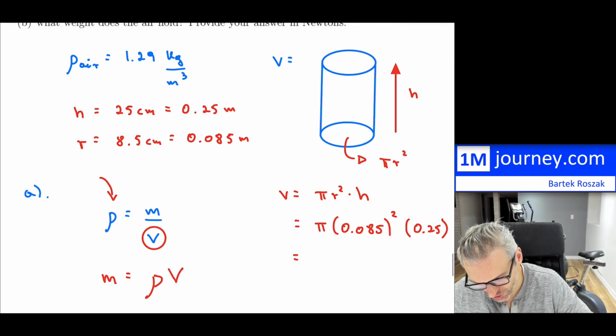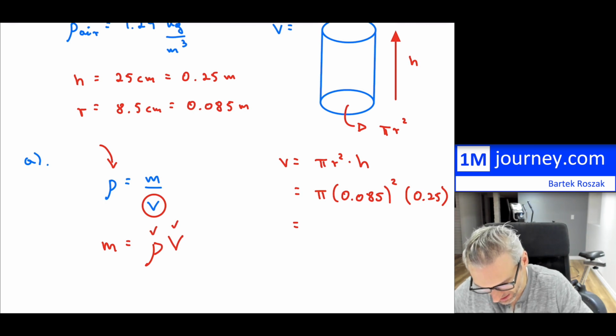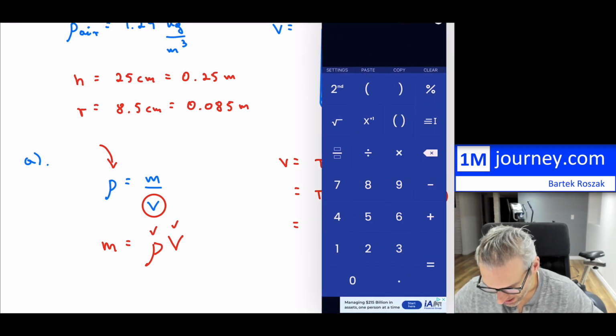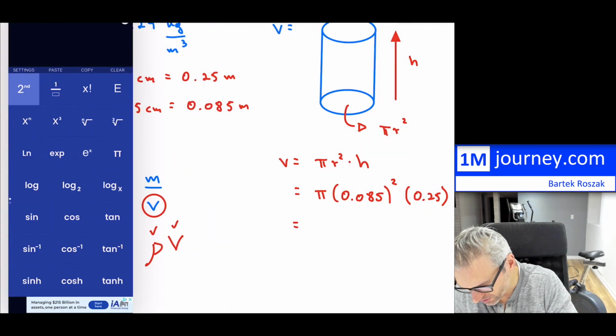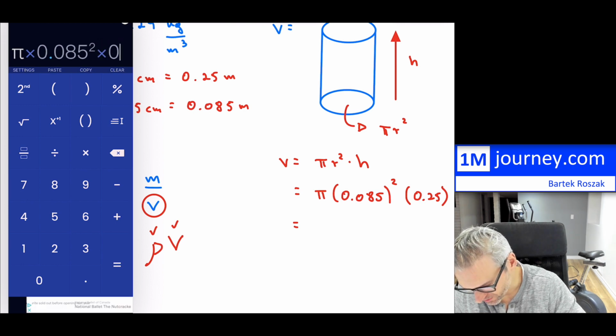And this is something you should get used to. Now that we have this equation, I can substitute all of this in, meaning my density and then my volume. Let's do that all in one shot. We have our density, which is 1.29, and then the volume, pi times 0.085 squared, times 0.25.